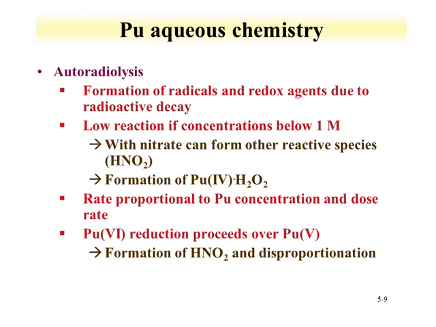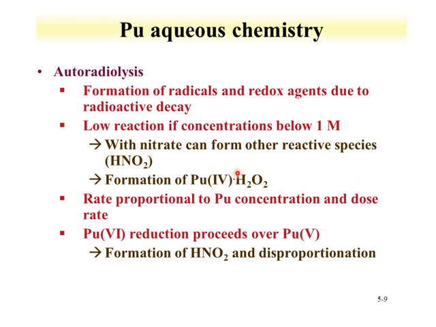One of the things we also see is autoradiolysis, where the fact that plutonium is radioactive means it forms radicals and redox agents due to radioactive decay. These reactions tend to be low if concentrations are below 1 molar. If it's in a nitrate medium, for instance, you can form nitrous acid.